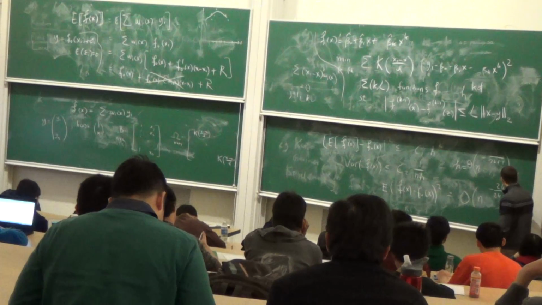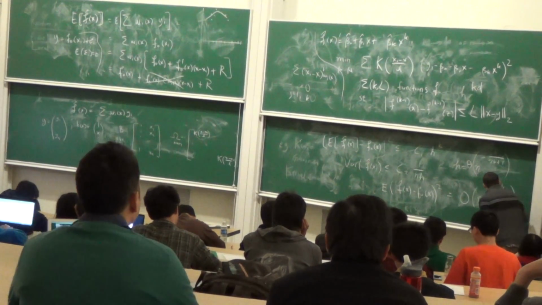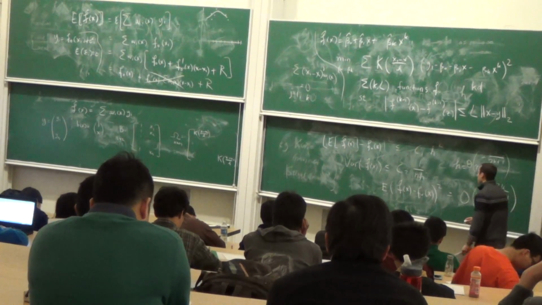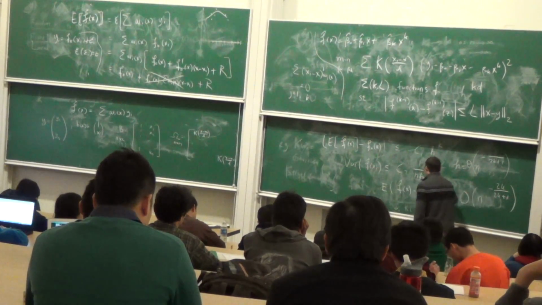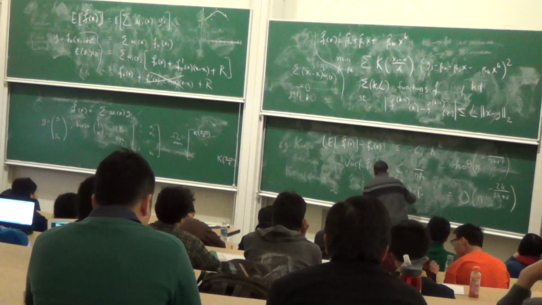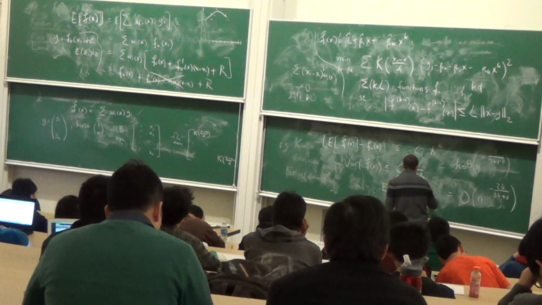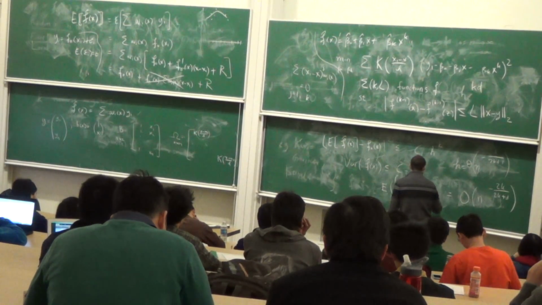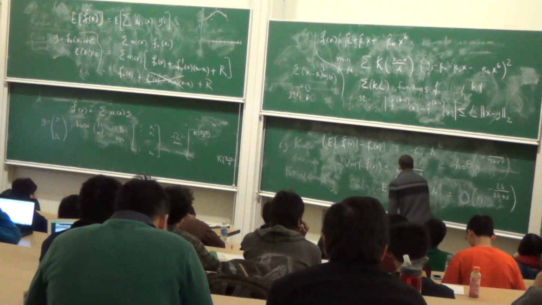And like I said, for higher dimensions, you put a d here. We can make the same statement if we ask for a stronger type of convergence, which is not pointwise but integrated mean squared error.